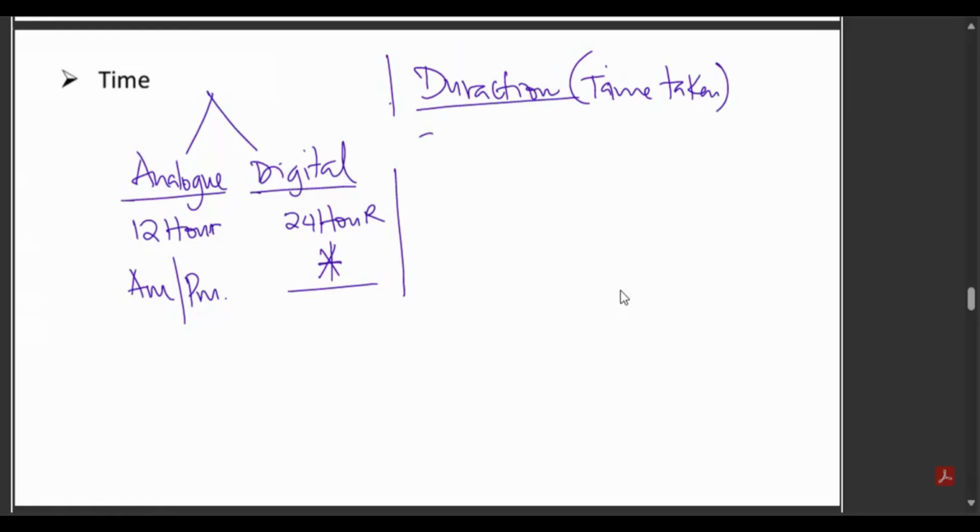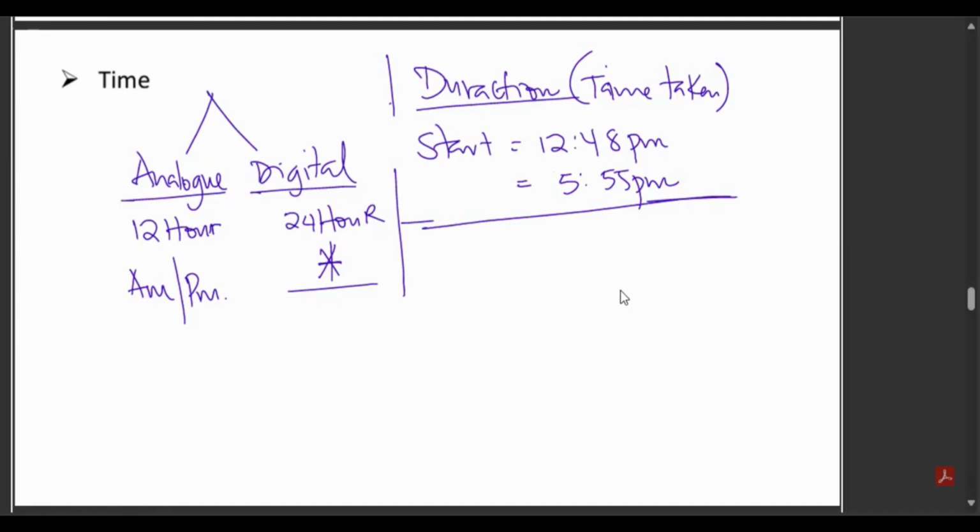For example, if someone starts a given activity at, let's say, 12:48, this is afternoon, then finishes the job at, let's say, 5:55. This is PM. How do we do this?